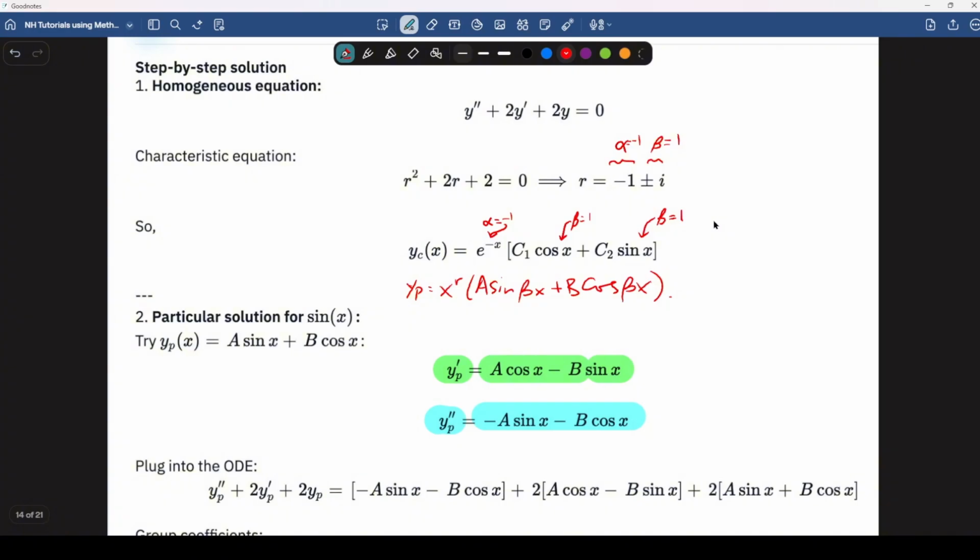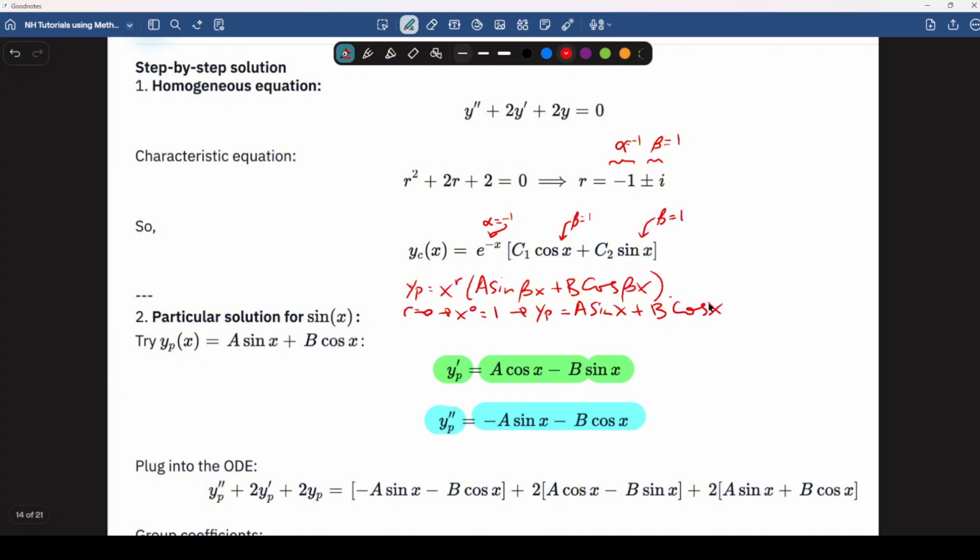Starting from r equals 0, that gives us x to the power of 0 equals 1. Therefore our yp is only a sine beta x plus b cos beta x, and since beta is 1, we just write a sine x plus b cos x.